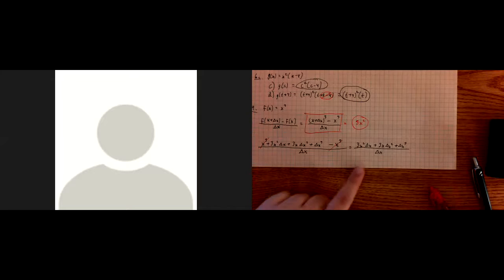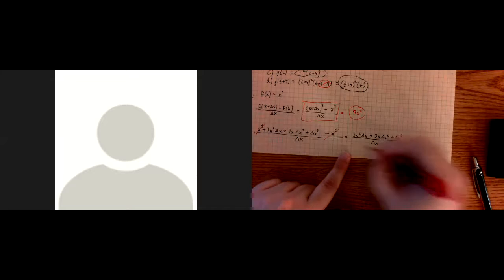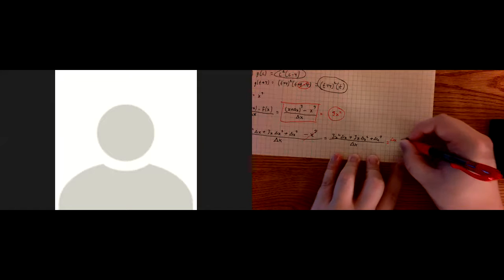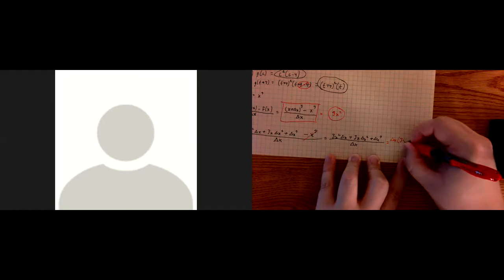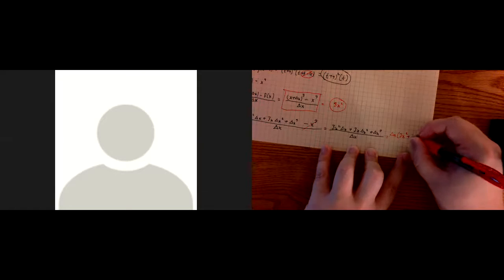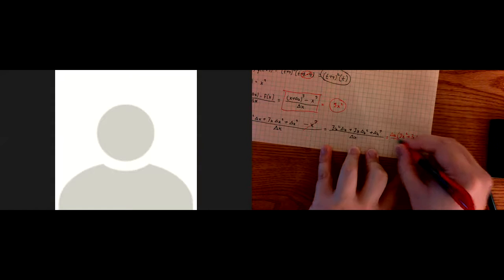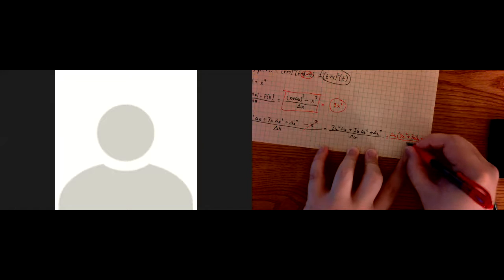What you can now do is factor a delta x out of everything on top, which looks a little something like this. Delta x comes out, leaving us with 3x squared plus 3x delta x plus delta x squared all over delta x.